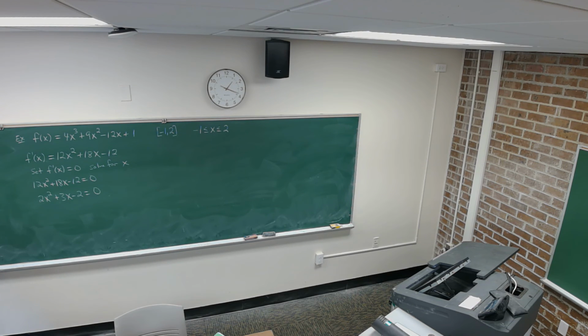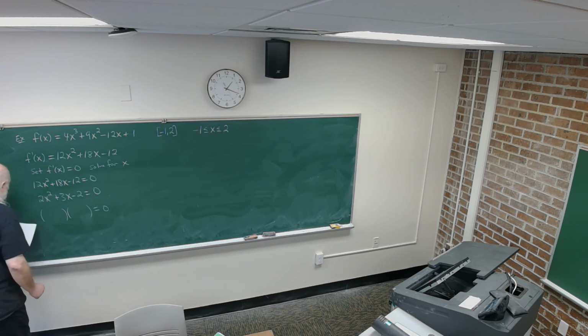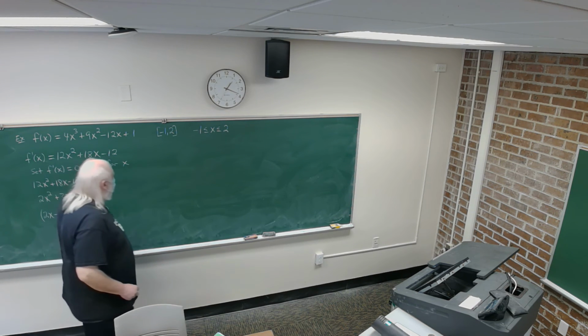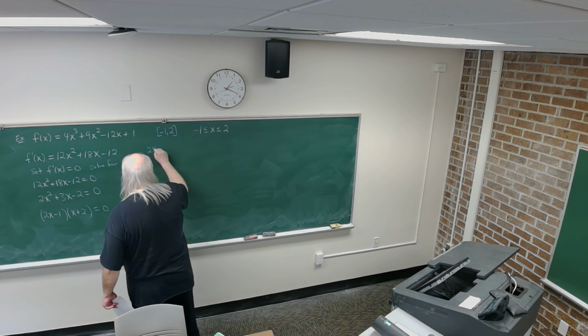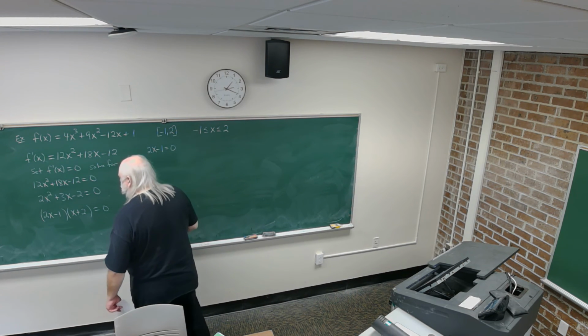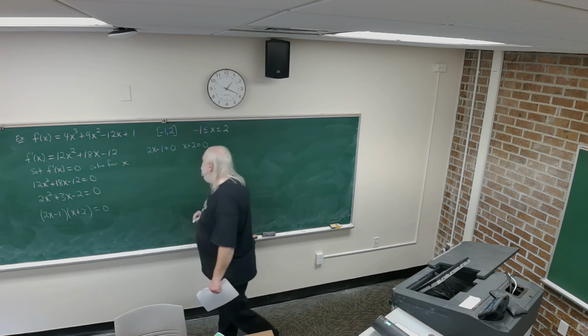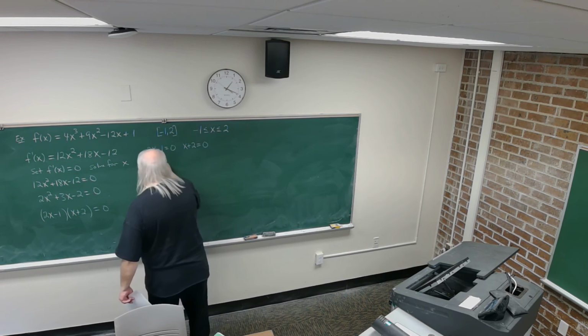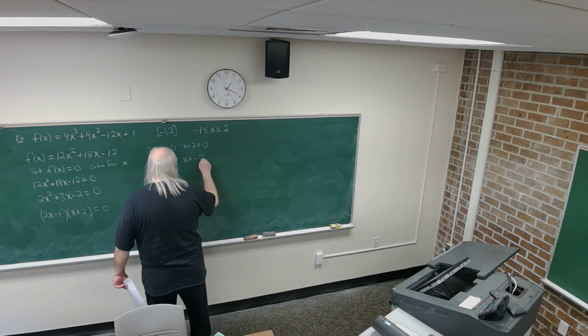Factor the left-hand side to get the values of x that make it equal to 0. The left-hand side factors into 2x minus 1 times x plus 2. So by the zero product property, either 2x minus 1 is equal to 0, or x plus 2 is equal to 0. And solving for x, we get x is equal to 1/2, x is equal to minus 2.